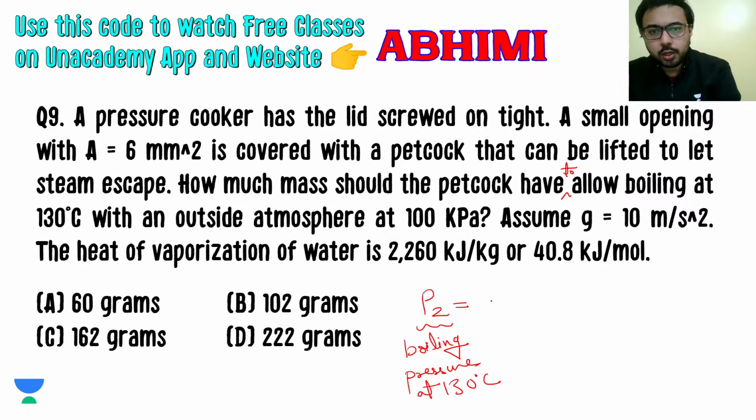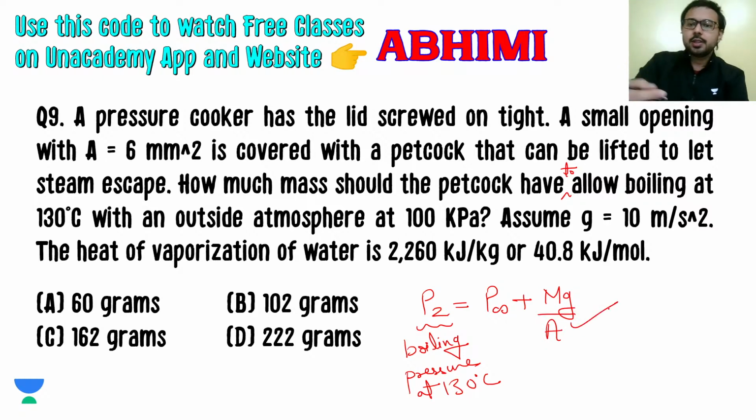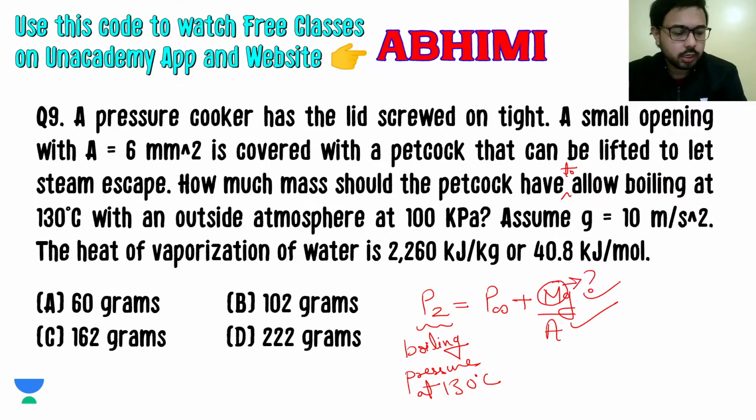This should be equal to the atmospheric pressure plus the pressure due to the mass of the petcock, that is mg divided by area, and this will give us that mass. We need this mass as our final answer, and we know this value, we know g. We need the boiling pressure at 130 degrees Celsius for this water.